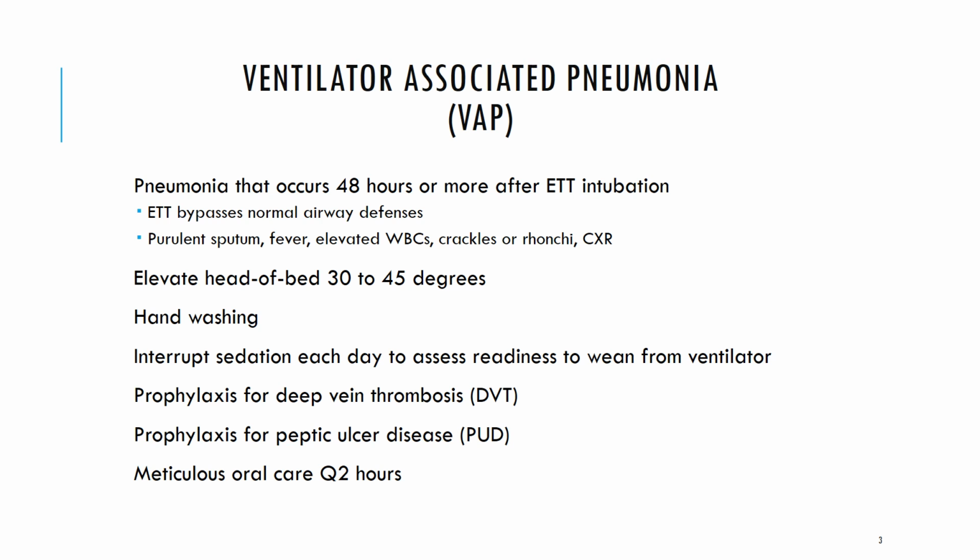This is often called a sedation vacation. You will also see peptic ulcer disease prophylaxis and DVT prophylaxis in this bundle, and many hospitals incorporate meticulous oral care into the bundle and also a daily assessment of the patient's readiness to extubate.